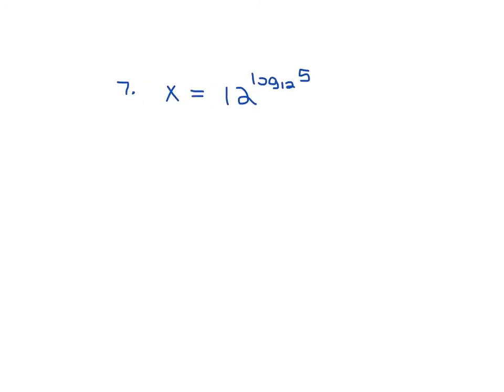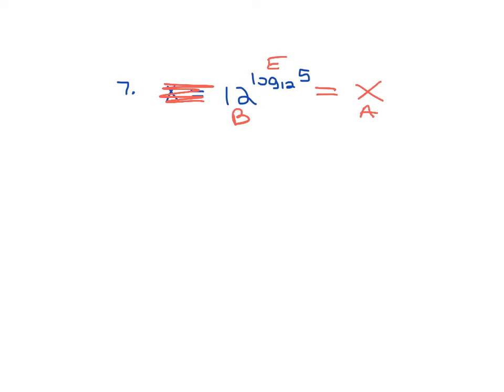All right. So what kind of equation is this? This is an exponential equation. Notice the 12 is the base. So this right now is in exponential form. So if I wanted to convert it back to log, let me go ahead and move this over here. This is my base. This is my exponent.